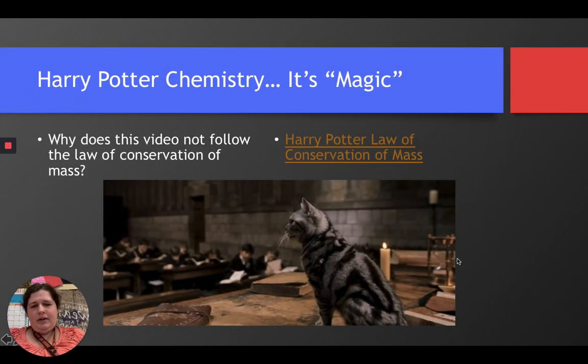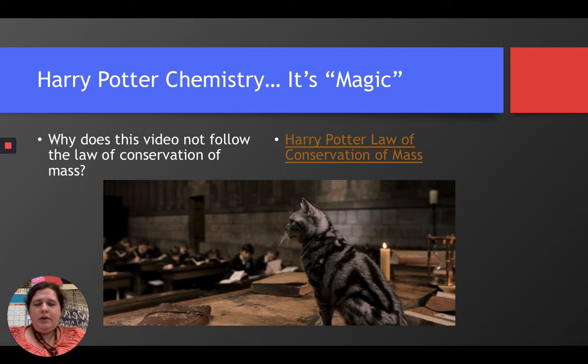Now, I told y'all I love Harry Potter, and I love incorporating pop culture and movies into chemistry. This is a clip from Harry Potter and the Sorcerer's Stone, or Harry Potter and the Philosopher's Stone if you do the British version. This is a scene where Professor McGonagall transfigures herself from a cat to her human form.